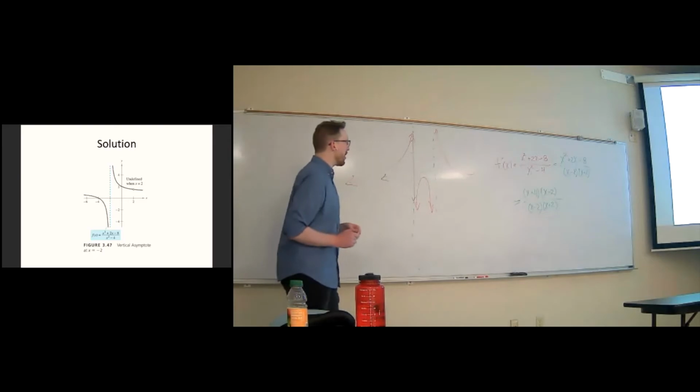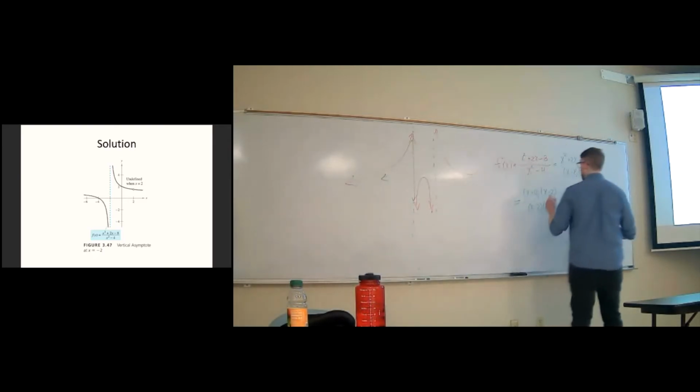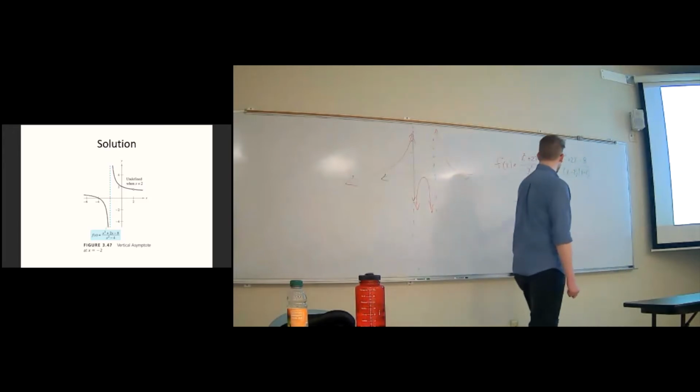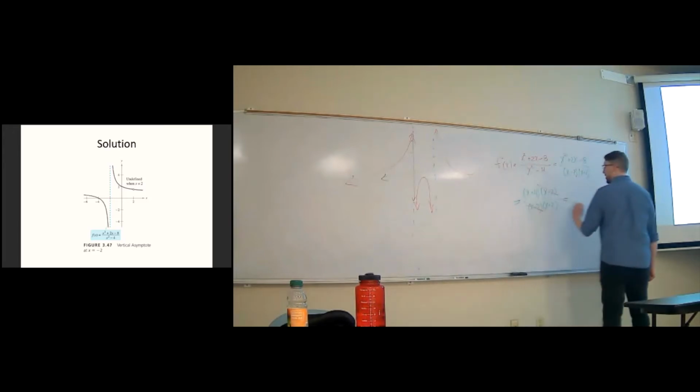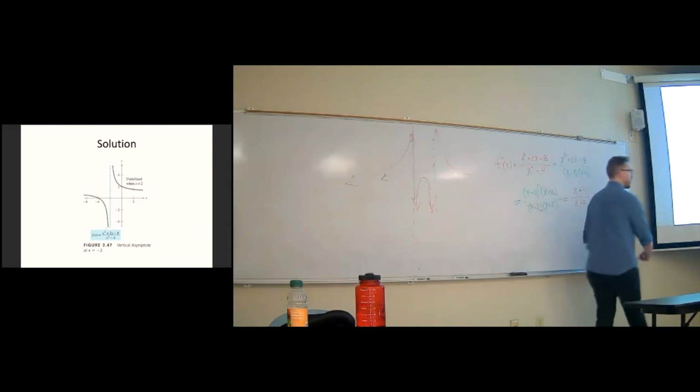So what's happening is that we have this factor that can be canceled, right? x minus 2. And when that happens, we get that this thing is equal to x plus 4 over x plus 2 whenever x is not equal to 2.